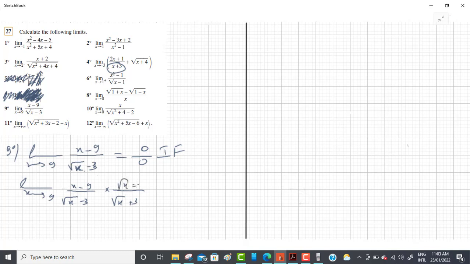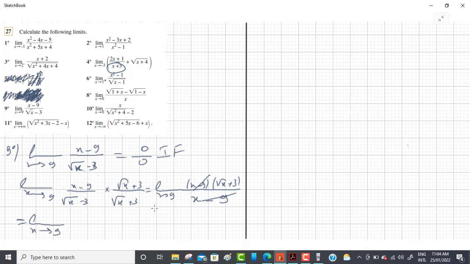So the limit as x tends to 9 of x minus 9 into radical of x plus 3, over radical x minus 3 times radical x plus 3, which is the form a minus b, a plus b. So it's a square, radical x square is x, minus b square, 3 square is 9. x minus 9 and x minus 9, you cancel the two factors, you simplify by the same factor.